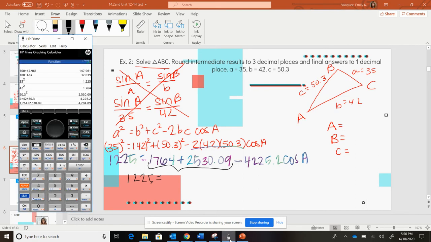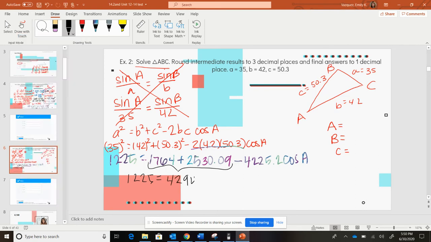And again, this was 4294.09. Okay, again, I'm going to warn you because I see it all the time. You're really going to want to add these two numbers together here. You cannot do that. This is all connected. You cannot ever, ever, ever combine those. Okay, guys?